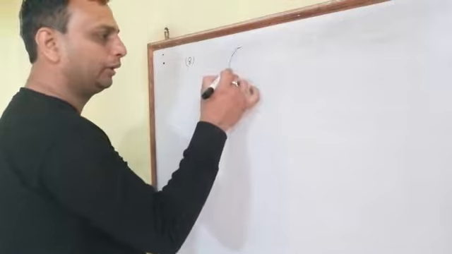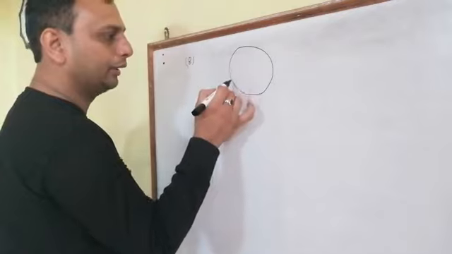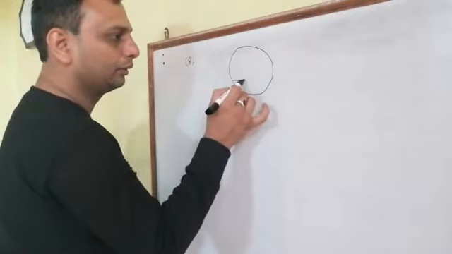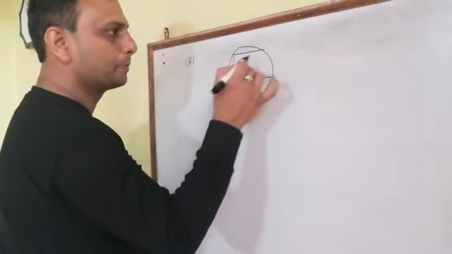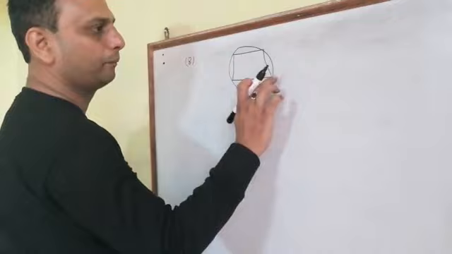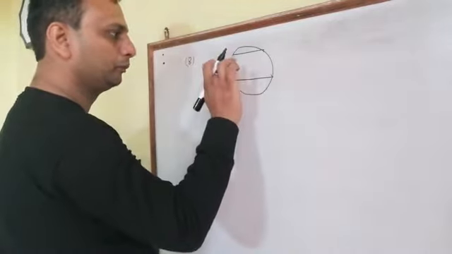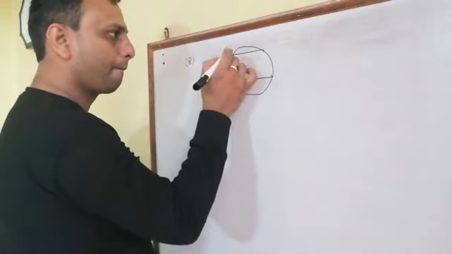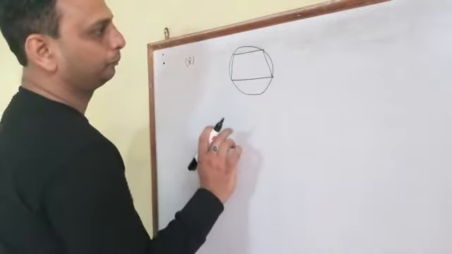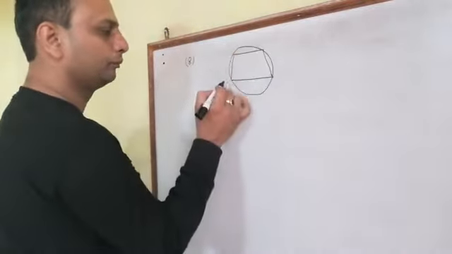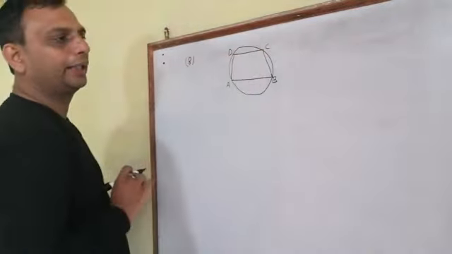This means we have to make one trapezium, and that trapezium should be cyclic. ABCD is a cyclic trapezium.